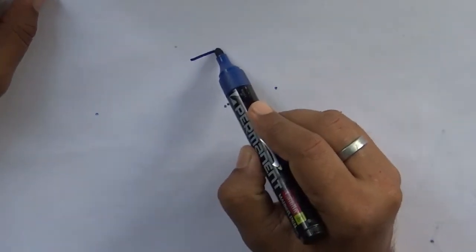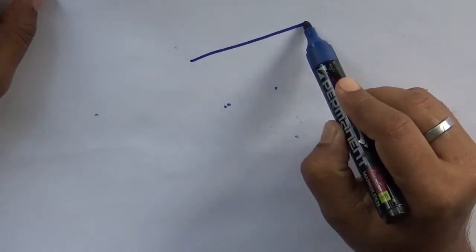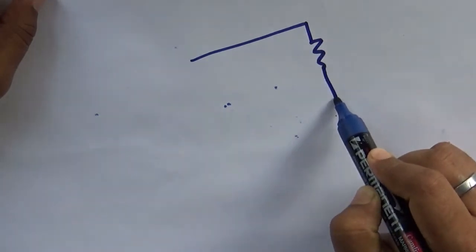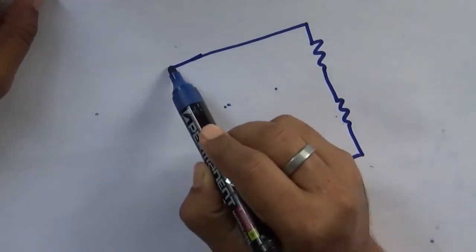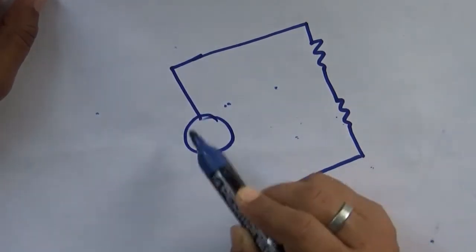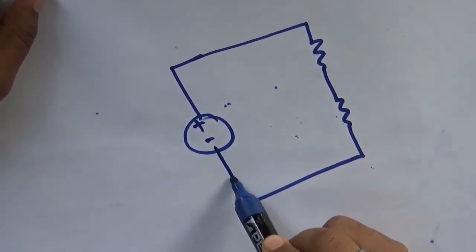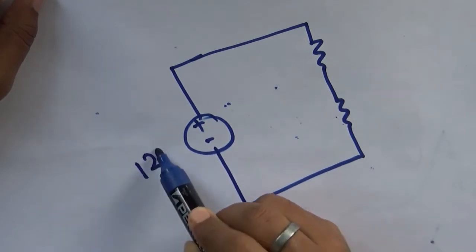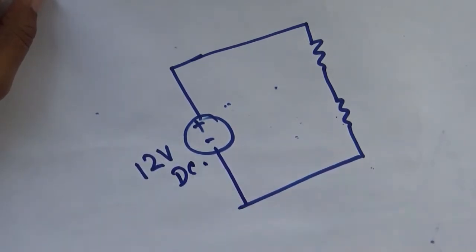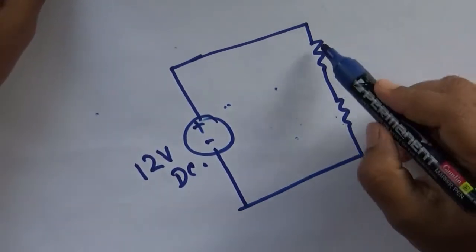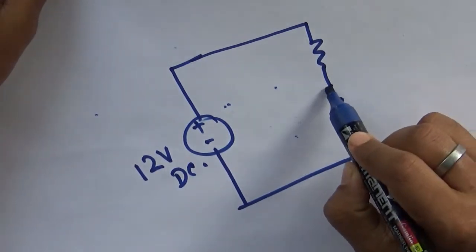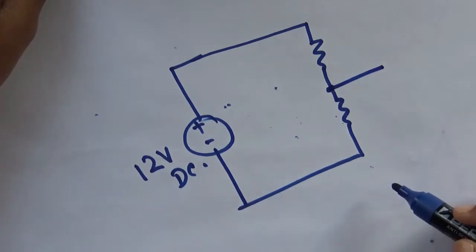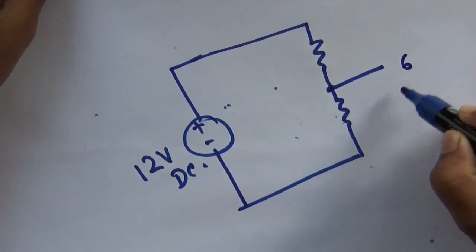We have a circuit like this, and here is a plus minus 12 volt DC, and we need 6 volts here.